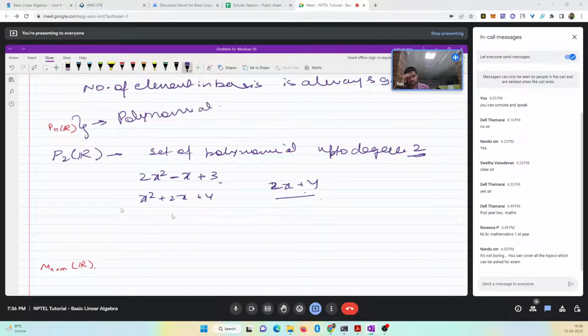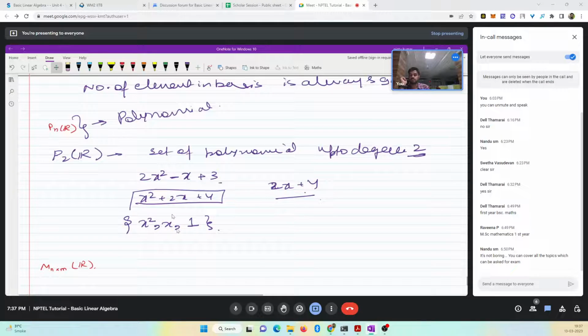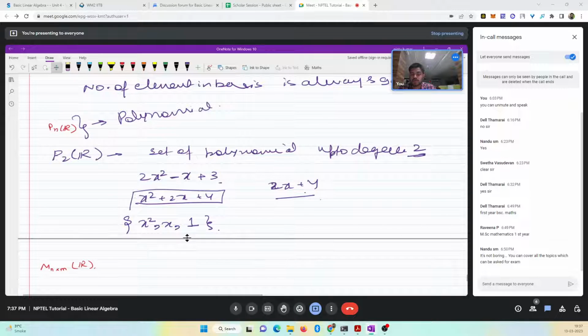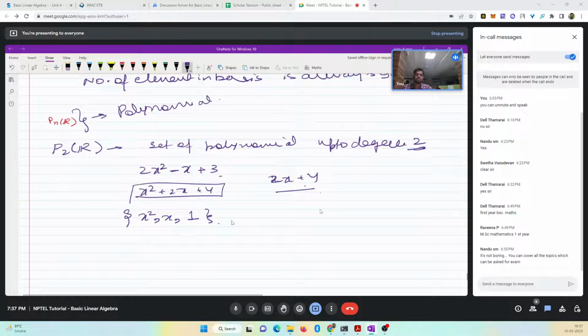If you want to define a basis so that if you multiply by some scalars and add them together you obtain something like this, then a basis would be x square, x, 1. This is known as the standard basis for P2R.